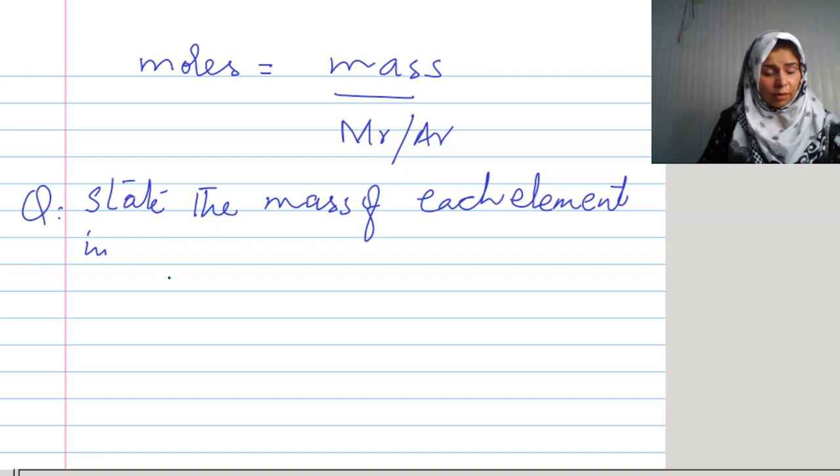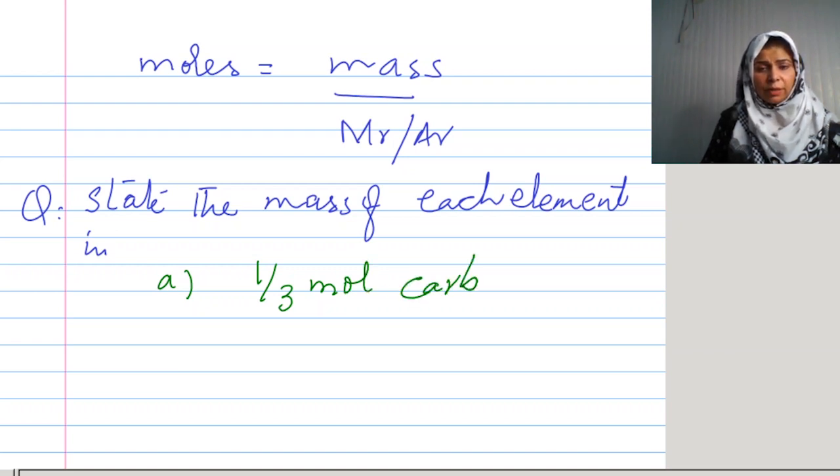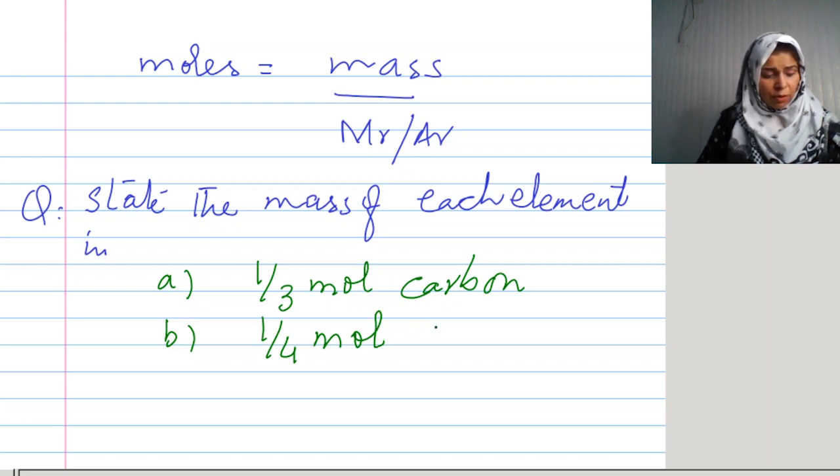A part, 1/3 mole of carbon. B, 1/4 mole of nitrogen molecule.